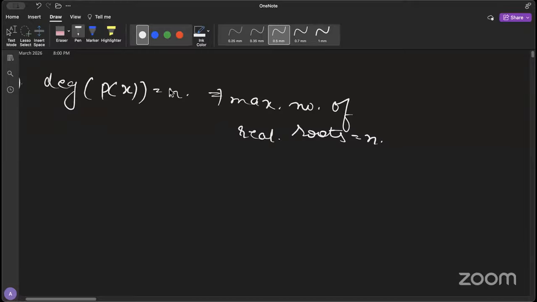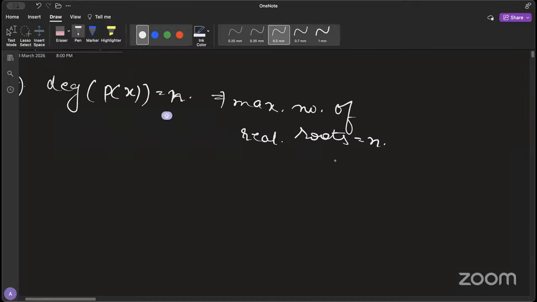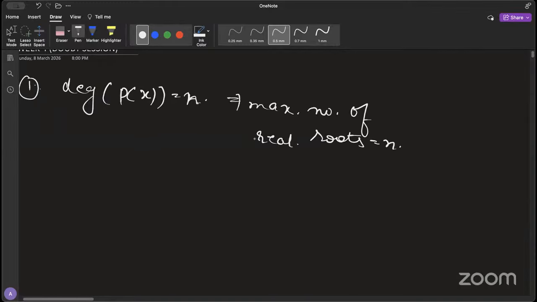The number of real roots can be less than n.